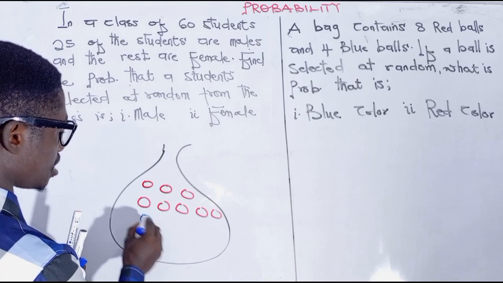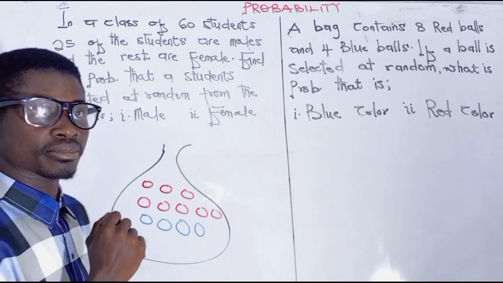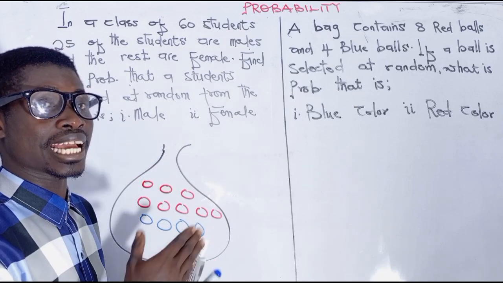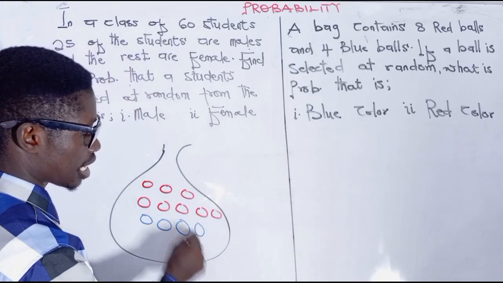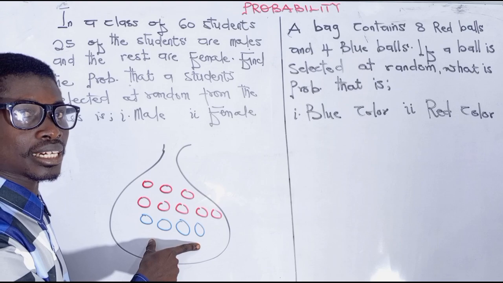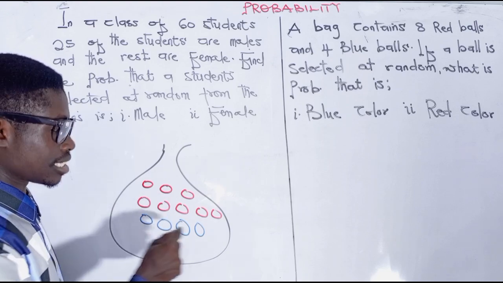So we have 1, 2, 3, 4. If I dip my hand inside this bag, what is the likelihood of me picking a blue ball? Also, what is the likelihood of picking a red ball from this bag?